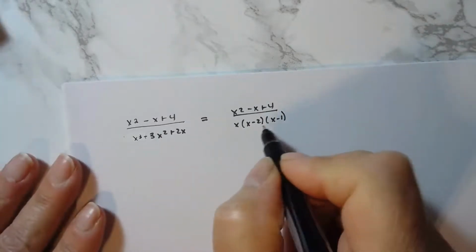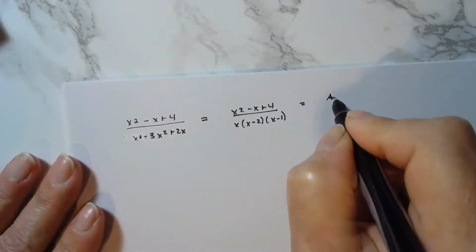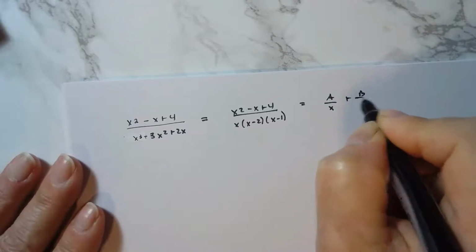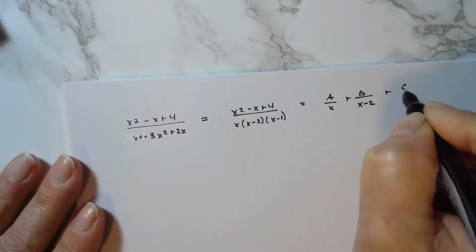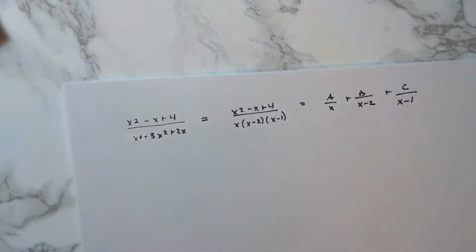And so we're going to say that this is equal to A over x plus B over x minus 2 plus C over x minus 1, right?